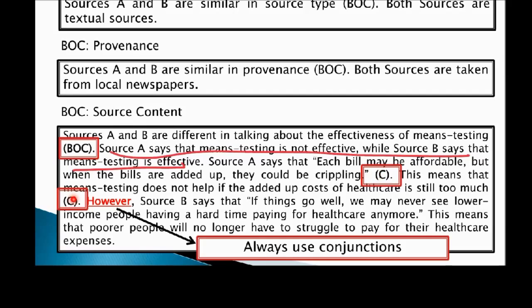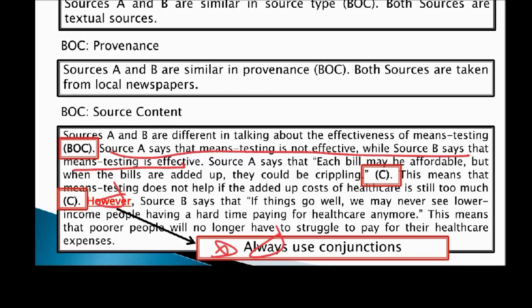Then you need the clue and the connect for source A, the clue and the connect for source B. And the most important thing that you need is your conjunction. Always use conjunctions. Conjunctions are basically linking words. These linking words must show me that you are comparing something. So however means on the other hand, the opposite point of view. You are going to present the opposite point of view after comparing them yourself. So conjunctions, very, very important.